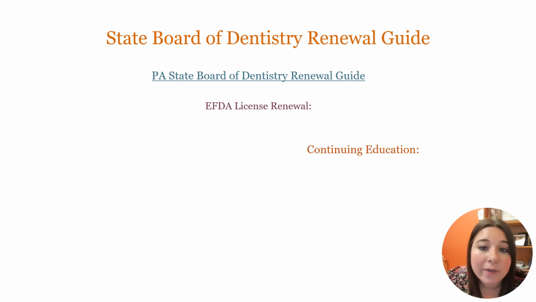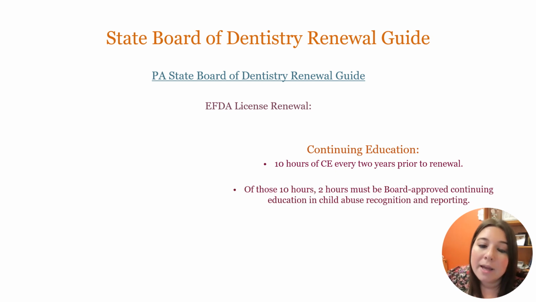So for continuing education, for your renewal, you have to have 10 hours of CE every 2 years prior to the renewal. Of those 10 hours, 2 must be continuing education in child abuse recognition and reporting. We are doing the initial 3 hours that are required this week actually in class, but for the future, the renewal is just 2 hours.